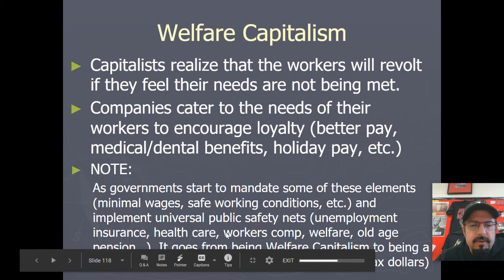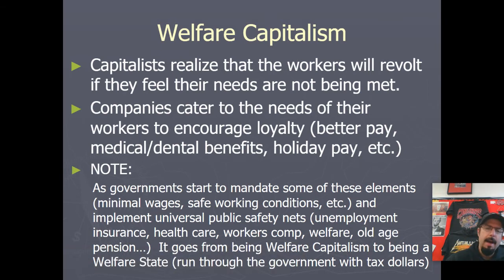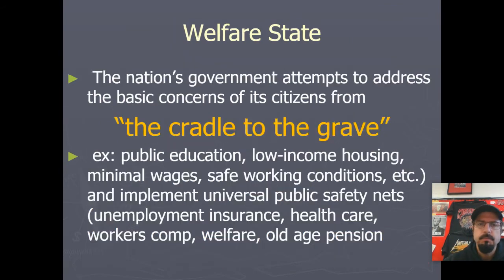Well, the welfare state is welfare capitalism plus some other things like unemployment insurance, health care, workers' compensation, welfare, old age pension. Okay, so that's the welfare state. Welfare capitalism is mainly better conditions, treatment of workers, minimum wage, etc.